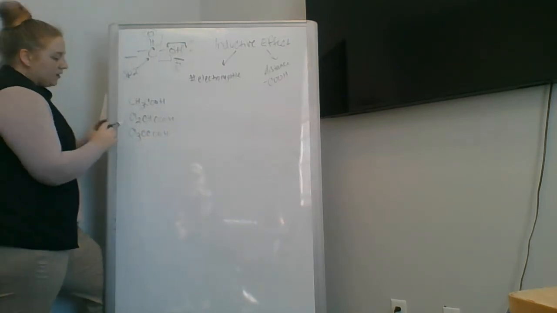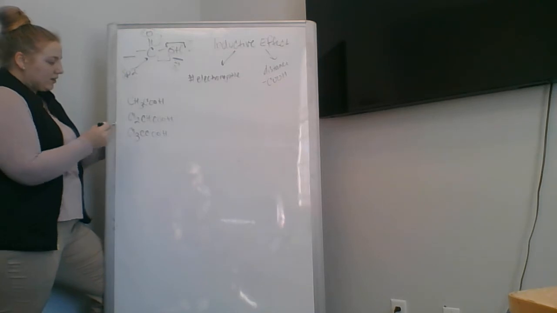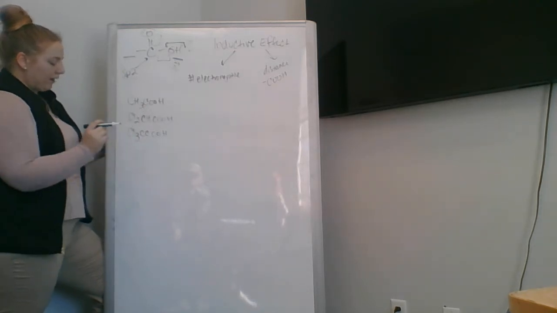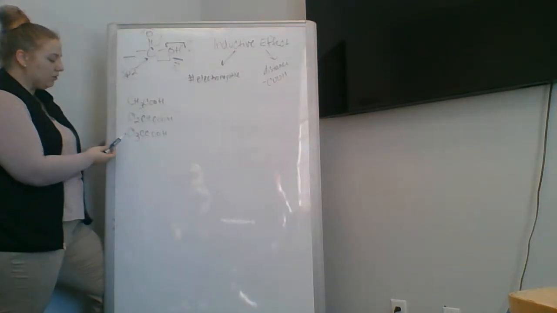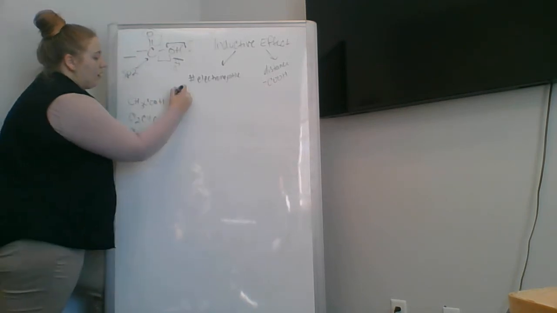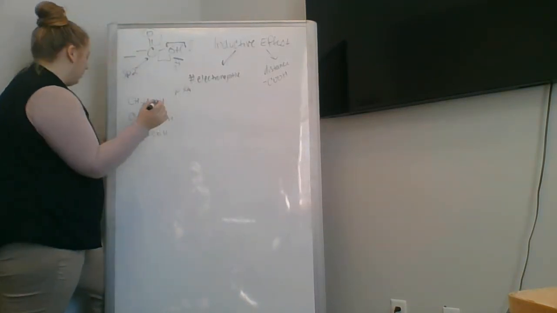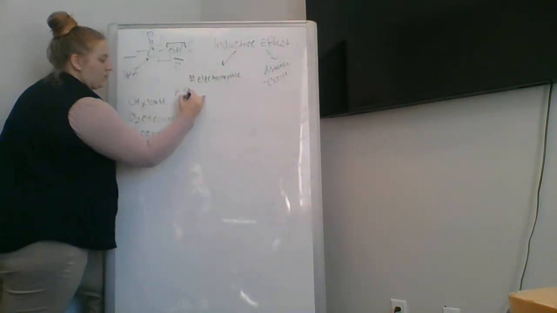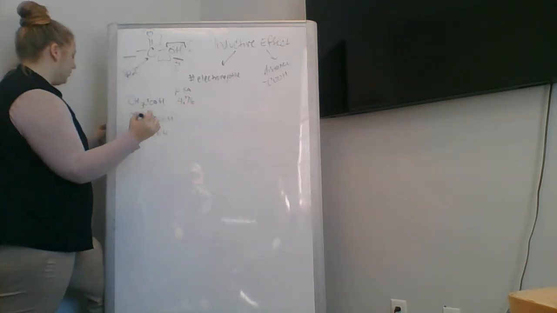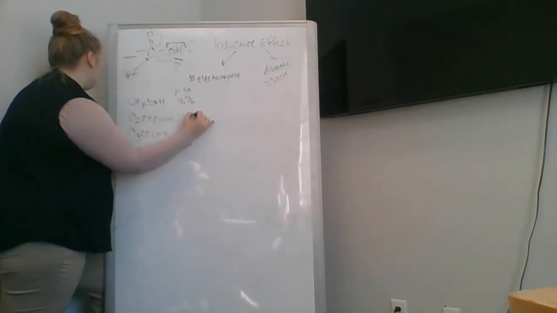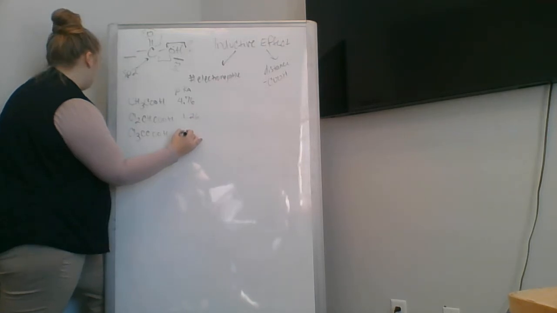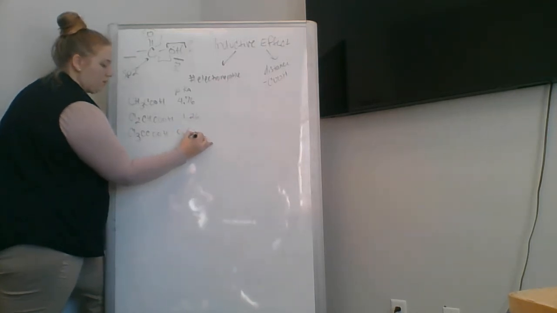Okay, so we have three different carboxylic acids. This first one has no electronegative groups present. Here we have 2, here we have 3. If we give their pKa's, this first one is 4.76, 1.26, 0.63.